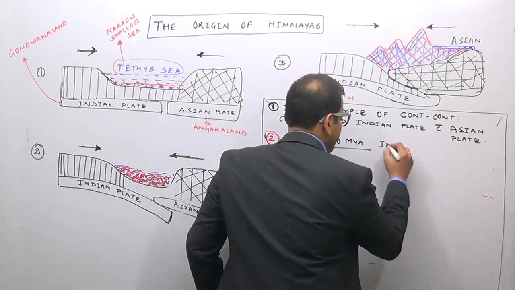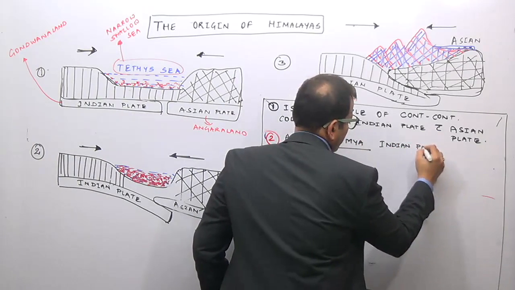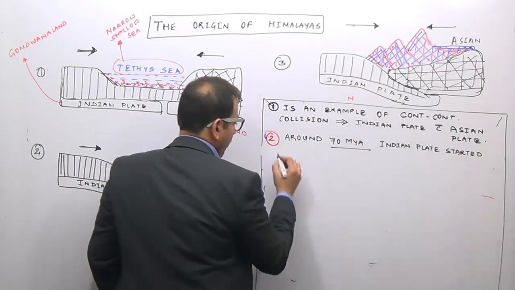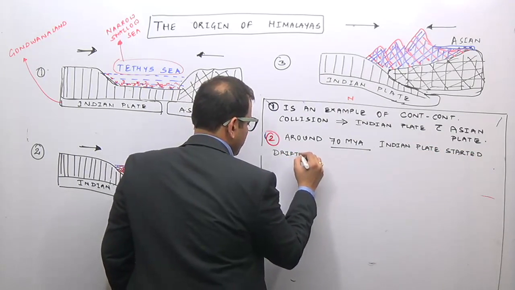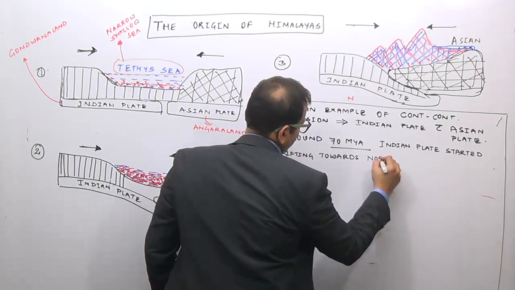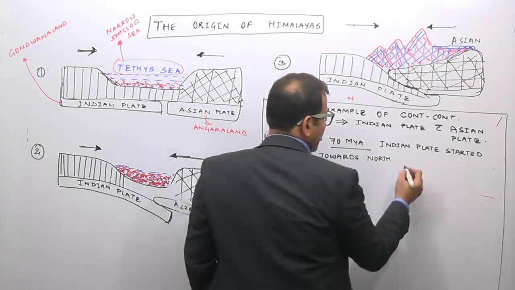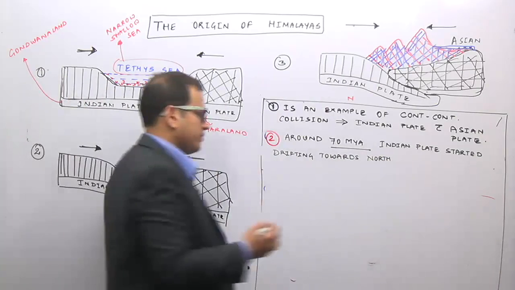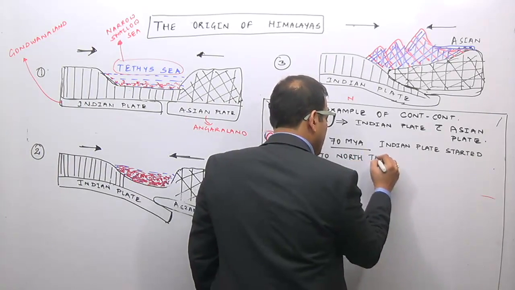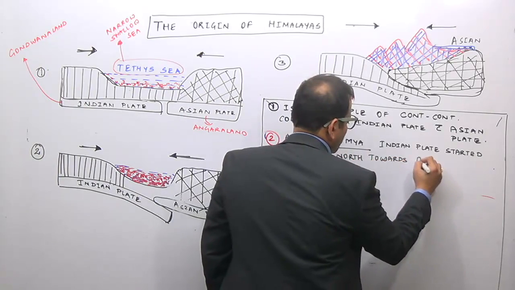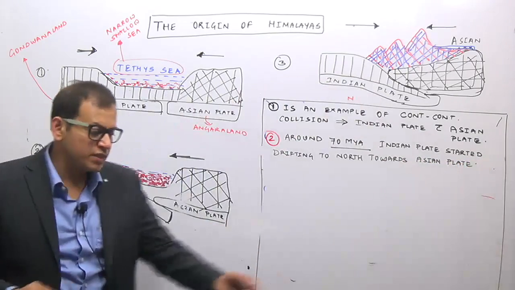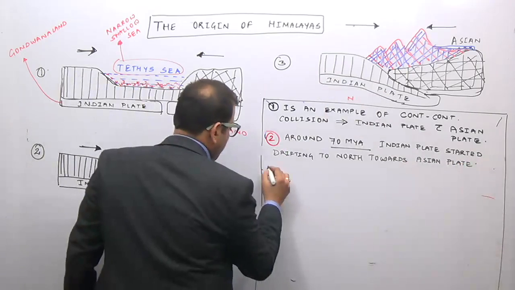The Indian plate started drifting towards the north, towards the Asian plate.